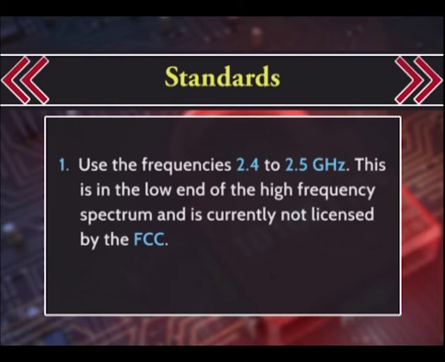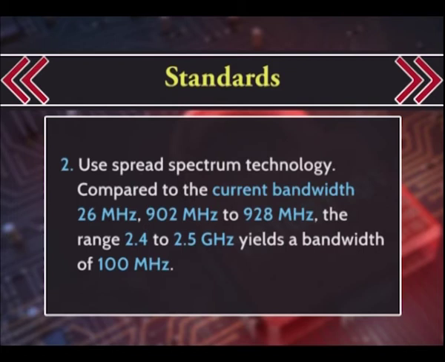This is the low end of the high frequency spectrum and is currently not licensed by the FCC. It uses spread spectrum technology, compared to the current bandwidth of 26 MHz, 902 MHz to 928 MHz. The range 2.4 to 2.5 GHz yields a bandwidth of 100 MHz.